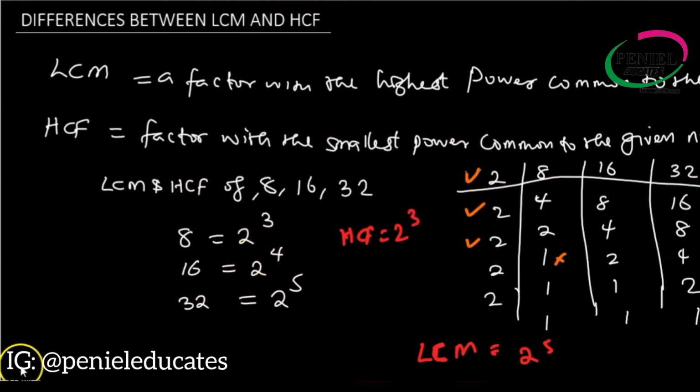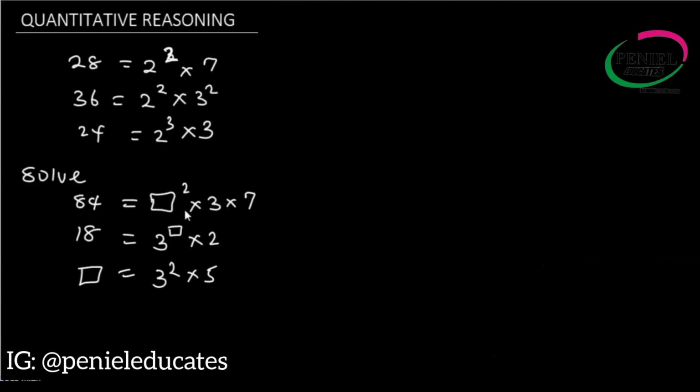Now let us look at some quantitative reasoning in solving problems involving LCM and HCF. Alright, so let's look at some quantitative reasoning. For example, you are given this as a sample. You have these samples.